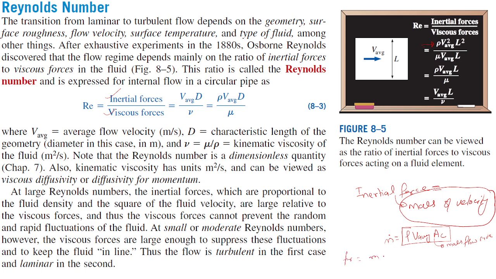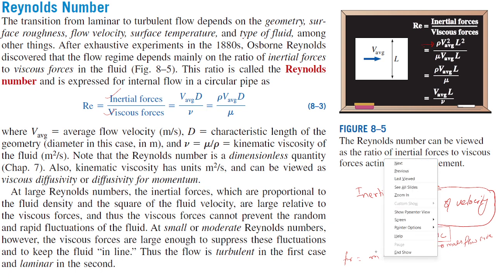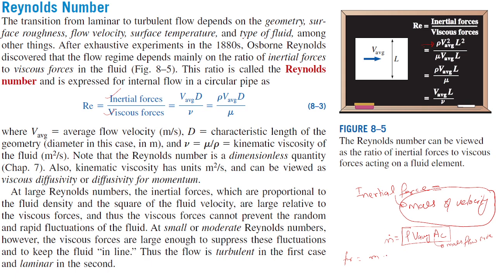Mass into acceleration, or you can also say rate of change of momentum with respect to time. Rate of change of momentum also represents force. So due to the mass and velocity, the inertia force depends on these two things. So if you write from here, what will happen?